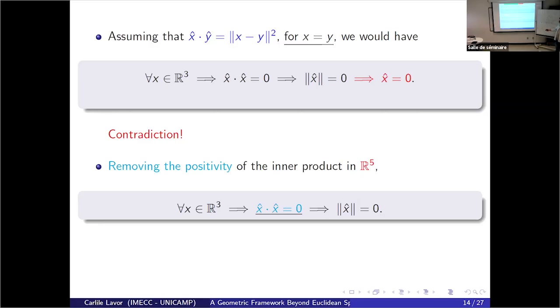The meaning is the following. We are assuming that all of the points in the 3D space will be represented in R5 by vectors different from 0, of course, but with 0 norm.